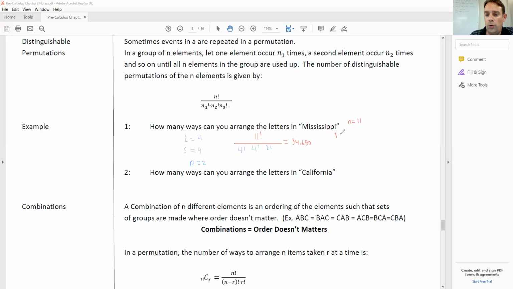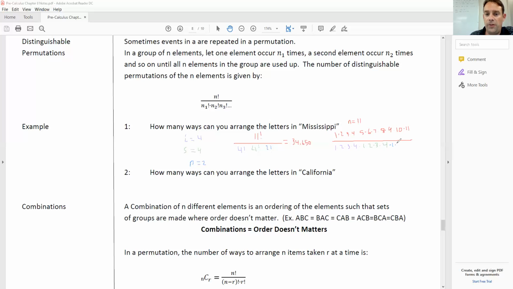Another way to look at this is 1 times 2 times 3 times 4 times 5 times 6 times 7 times 8 times 9 times 10 times 11, over 4 factorial, 1 times 2 times 3 times 4, and then we have another 4 factorial, 1 times 2 times 3 times 4, and then we had a 2 factorial, 1 times 2.